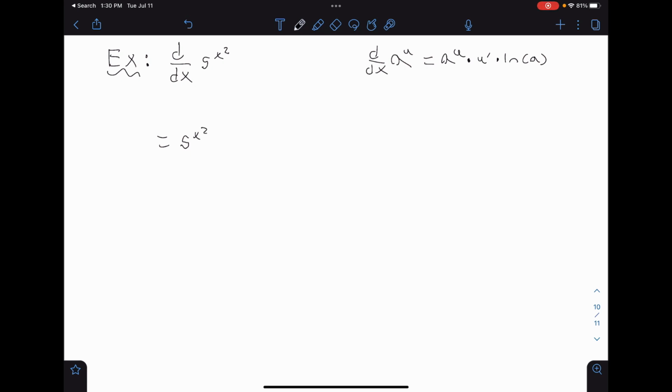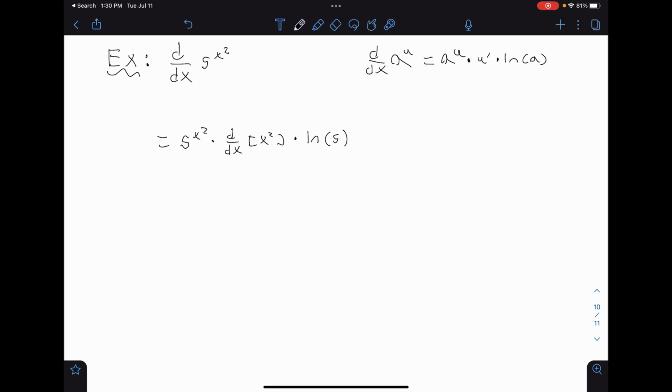If u is x squared, that means the derivative of u is 2x, right? So times the derivative of x squared, then times ln of a, and what's a? A is this base here, 5, this constant.